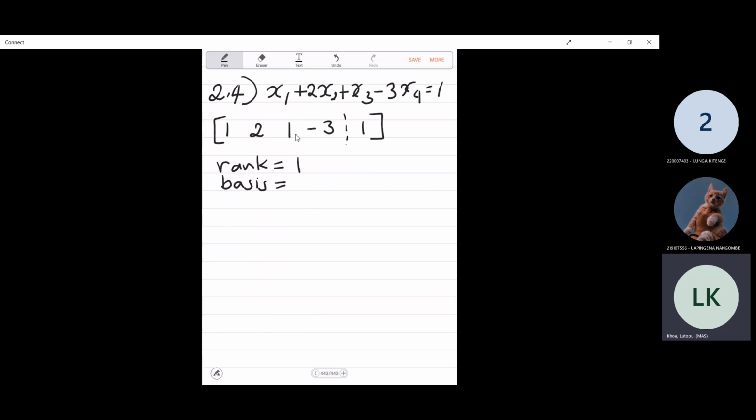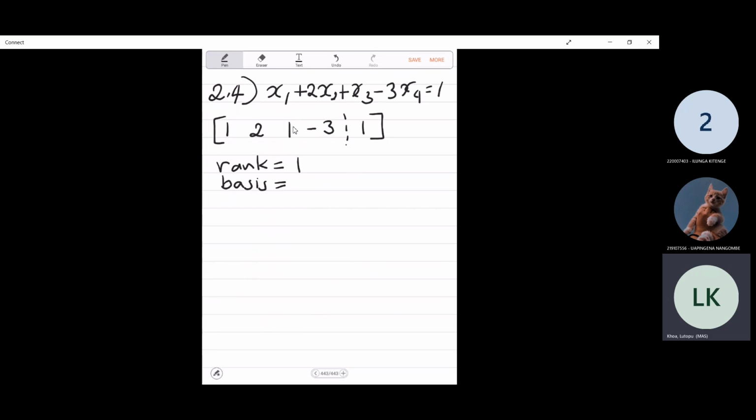So this one and that one are already 1. If I wanted to, I could divide everything by 2, then this one here will be 1. Or I could divide everything by -3, then this one here will be 1. So you can see that the 1 can be at any of these 4 places.